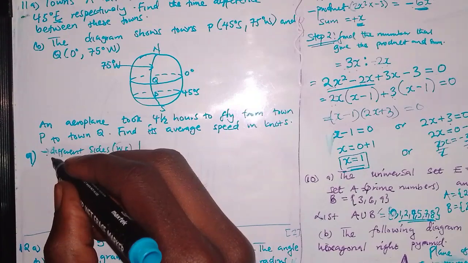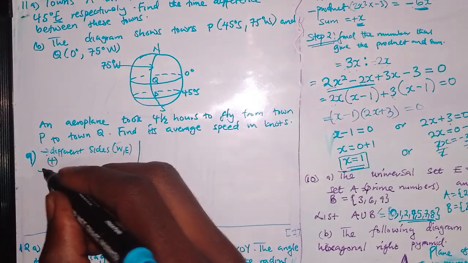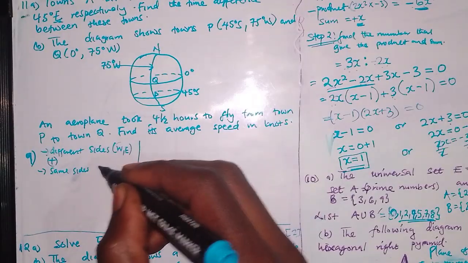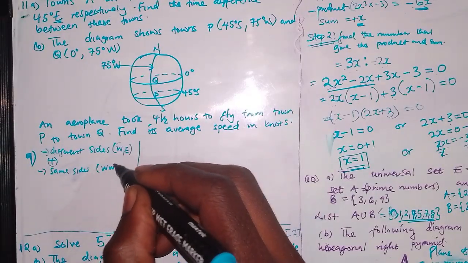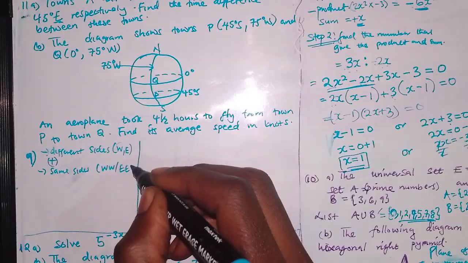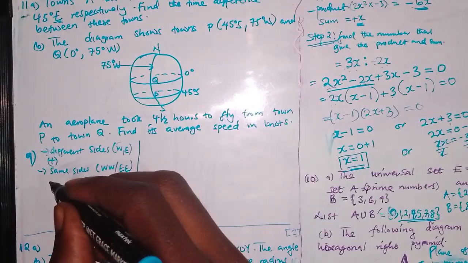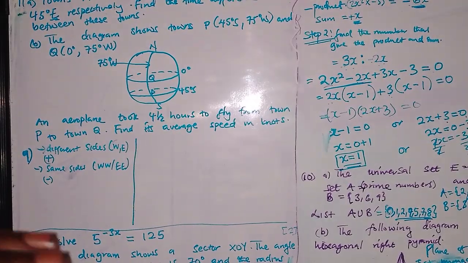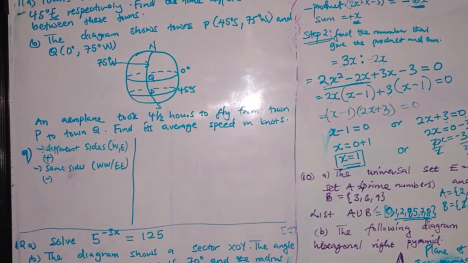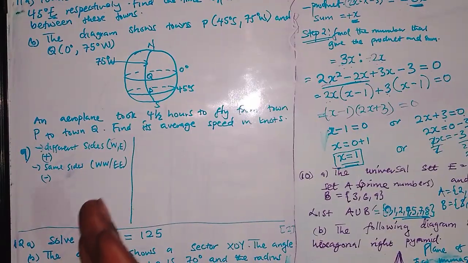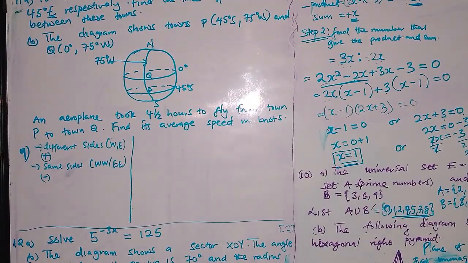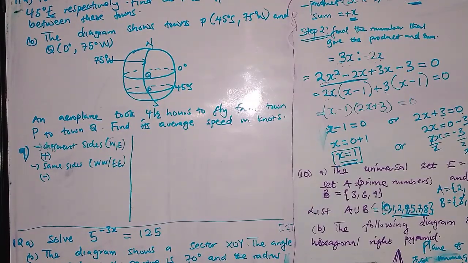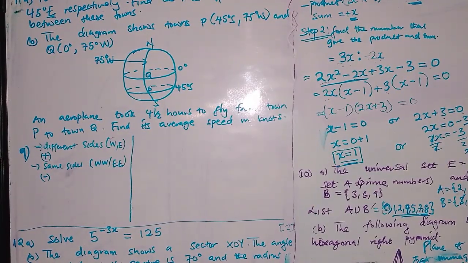Then same sides, west, west, or east, east, or south, south, you subtract. Once you understand this principle, no question on time difference will be difficult for you, because this is the only thing we need to know: subtraction and addition. How do you add? How do you subtract? That's the only thing you need to understand.